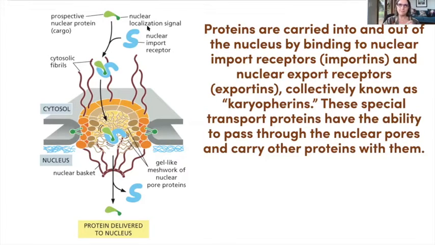Proteins can have both nuclear import and export signals, and by modifying those signal peptides, the cell can control when a protein goes in or out of the nucleus. So for example, if you have a nuclear localization signal and it gets phosphorylated, that might inactivate it, and that might trigger the export of that protein from the nucleus, and so forth.